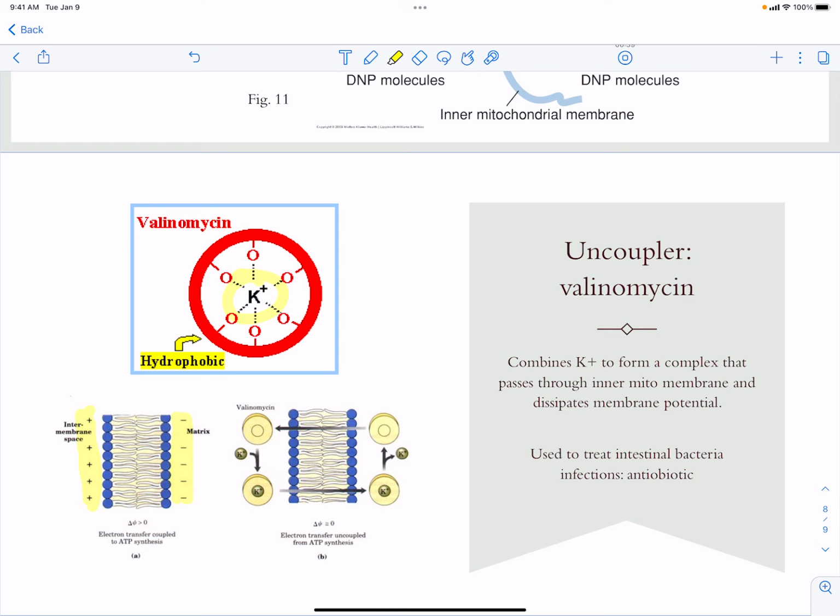With valinomycin, you're now going to bring potassium, and so it's going to dissipate those charges. And so your matrix no longer will have that huge negative charge because the potassium will be brought across the membrane, and the positive potassium will dissipate the electrochemical gradient across the membrane.